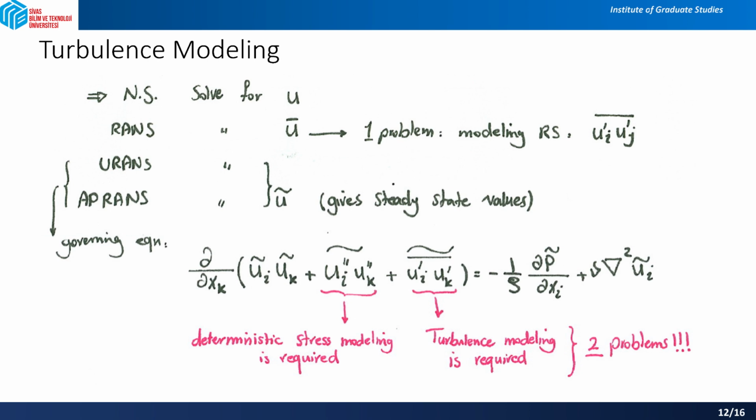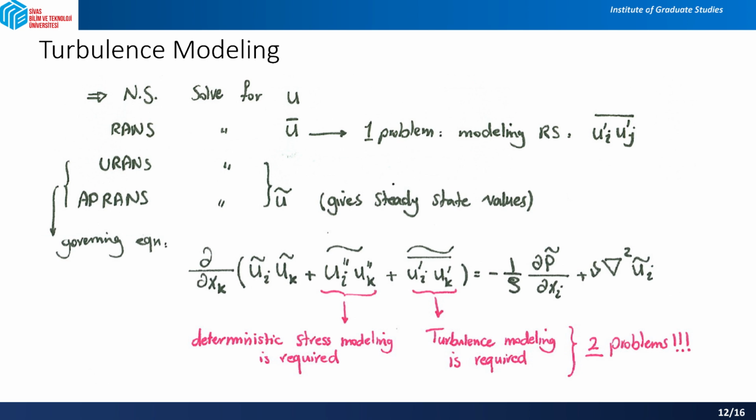Now the story is much more complex. We said we have Navier-Stokes, and these equations solve for instantaneous velocity. We said when we do some modeling in CFD, we are getting the behavior of the averaged flow.